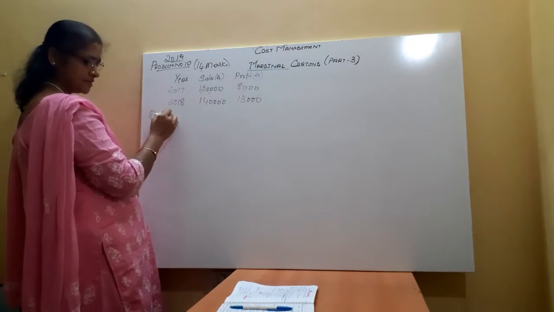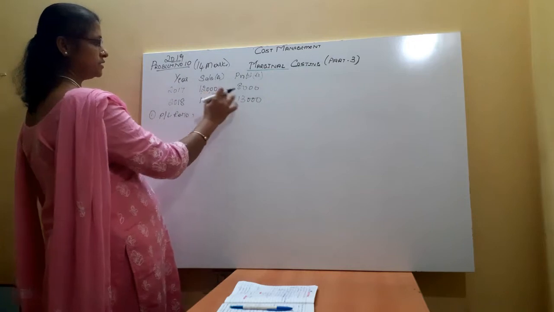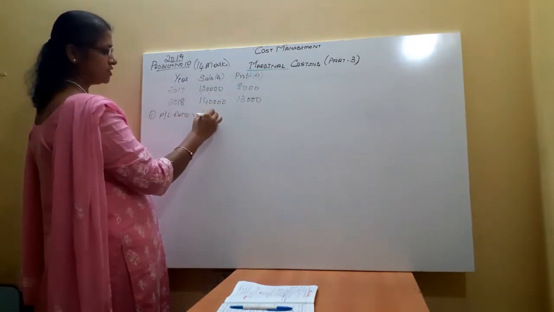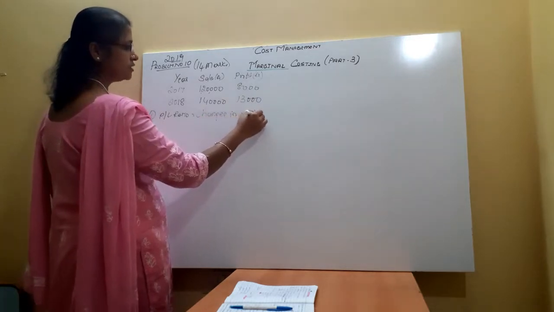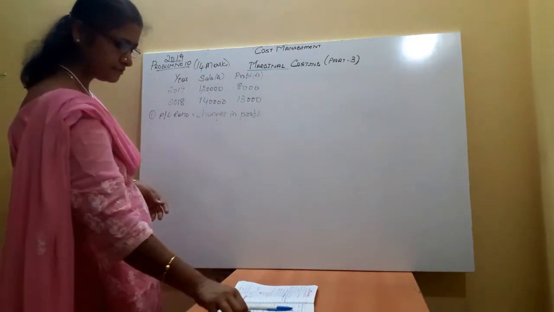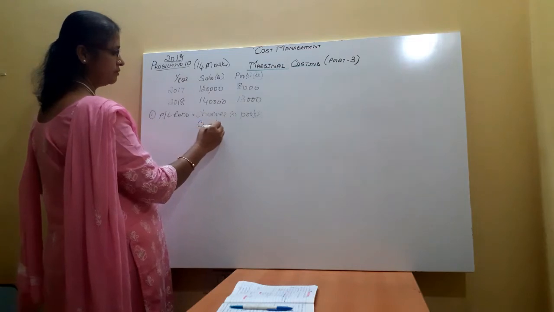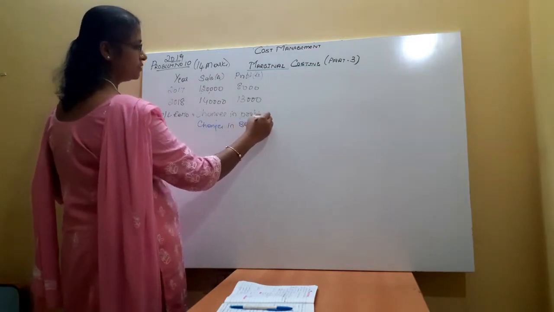The first thing is the PV ratio. So when they give only the sales and the profit, we know we have to take the formula for PV ratio as changes in profit divided by changes in sales into 100.